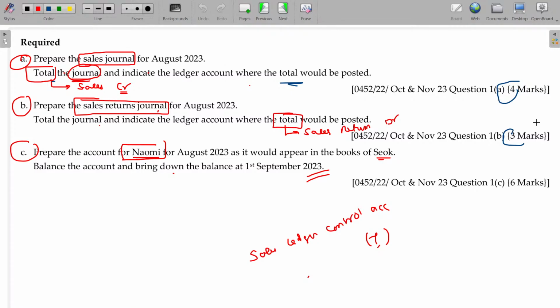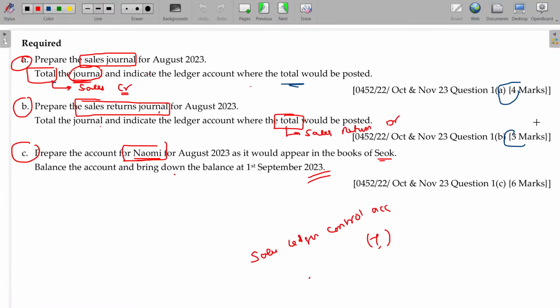SEOC sales control account, assuming Siana account is irrecoverable.